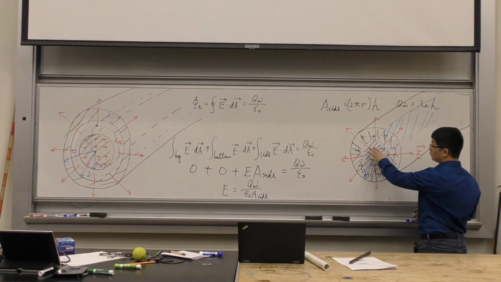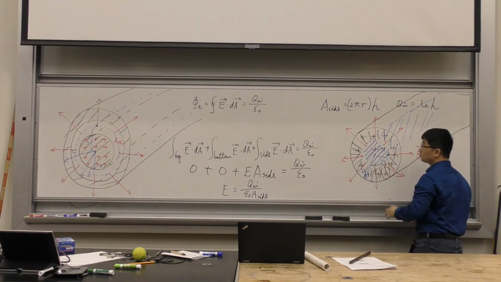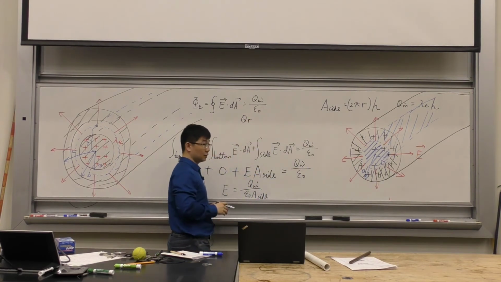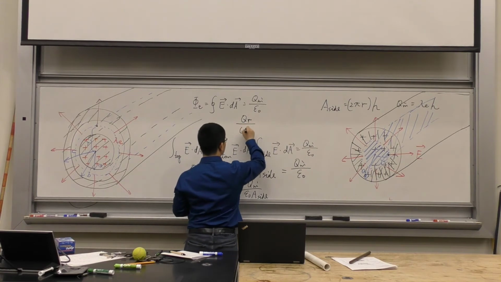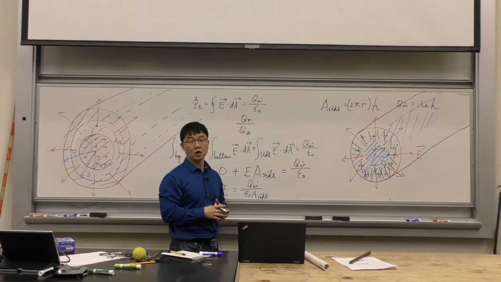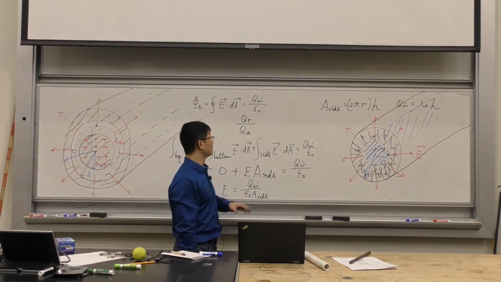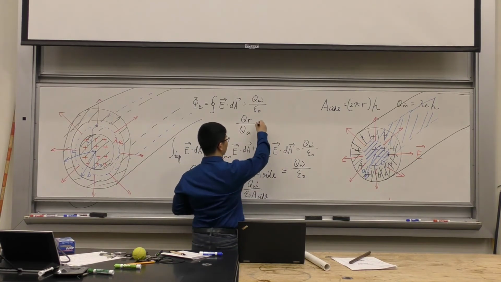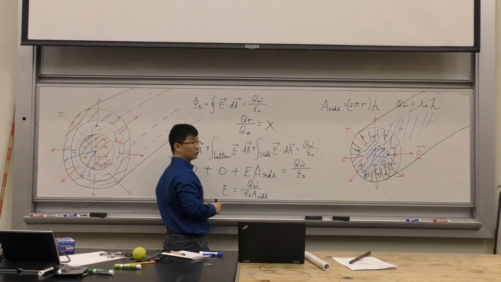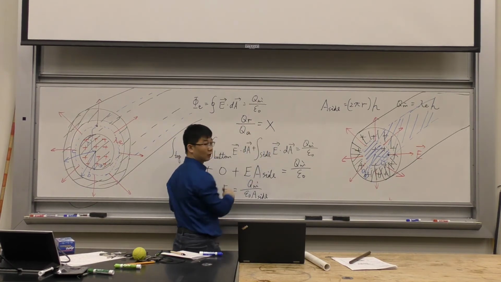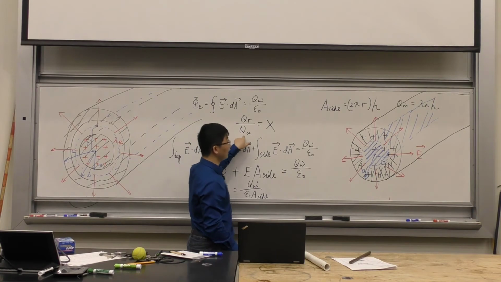If I can find the ratio between the charge on this small cylinder with radius r and the charge on this big real cylinder with radius a, I can rearrange this equation and multiply. If I find the ratio is like a big X, I just multiply them together to get this Q r. Why? Because this Q a, I found it.